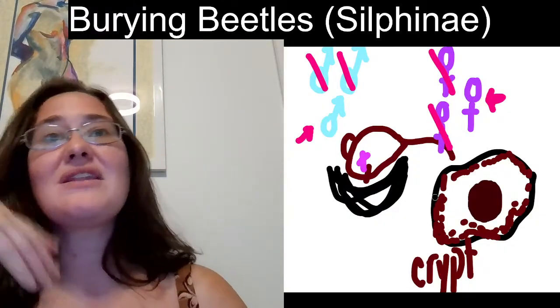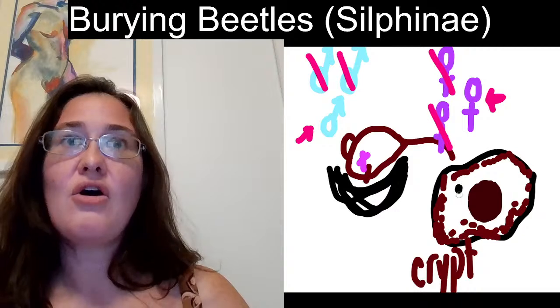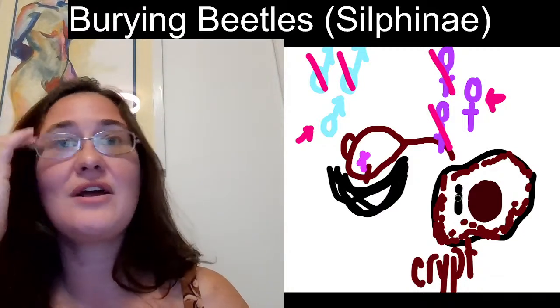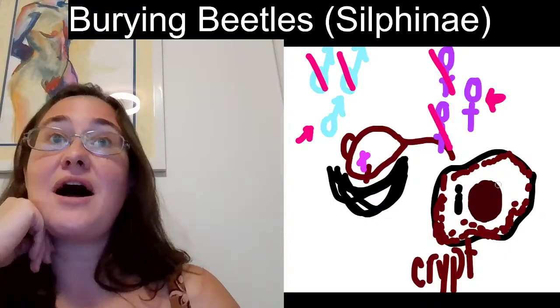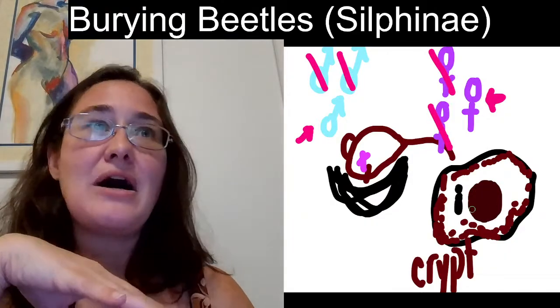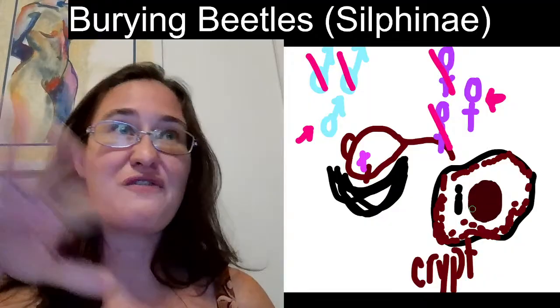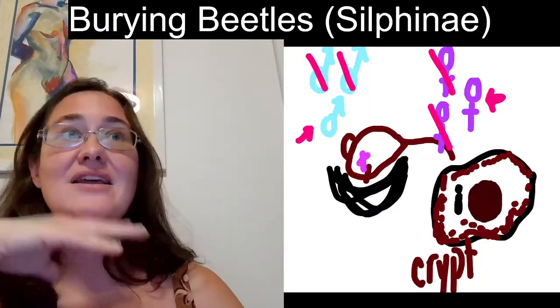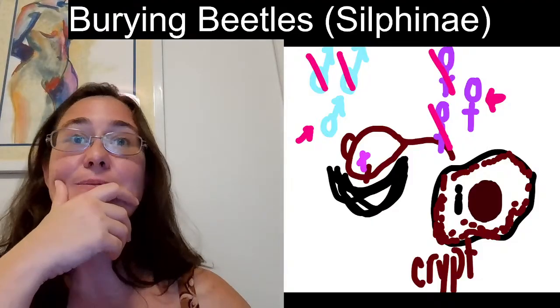But if there's something like a fly that comes by or an ant that comes by and wants to eat a little bit of it, the adults will actually stay and protect the meatball. They're going to go and fight off anything that tries to eat it.